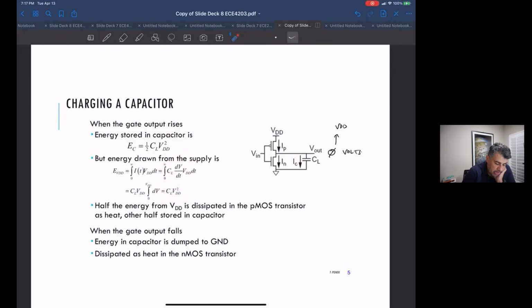So it turns out that we pulled CL VDD squared from the supply, but only used half of it to charge up the capacitor. So there is a missing 1/2 CL VDD squared. And the question is, where did it go?